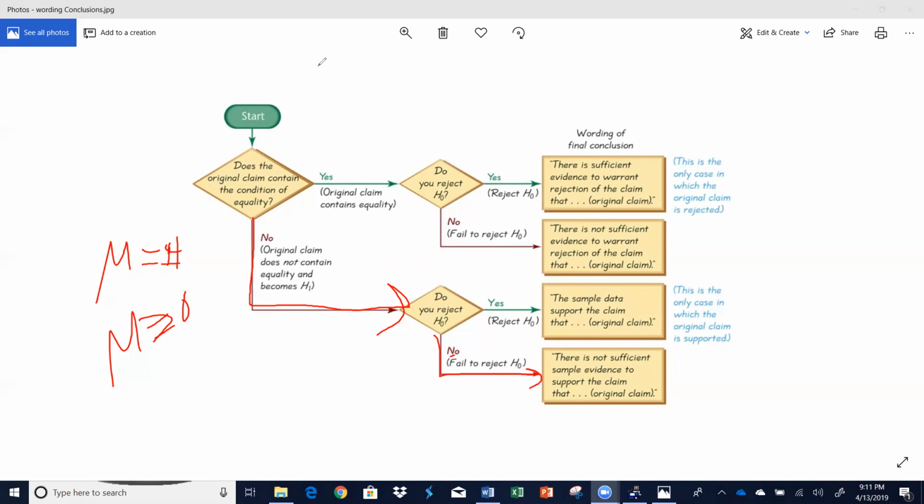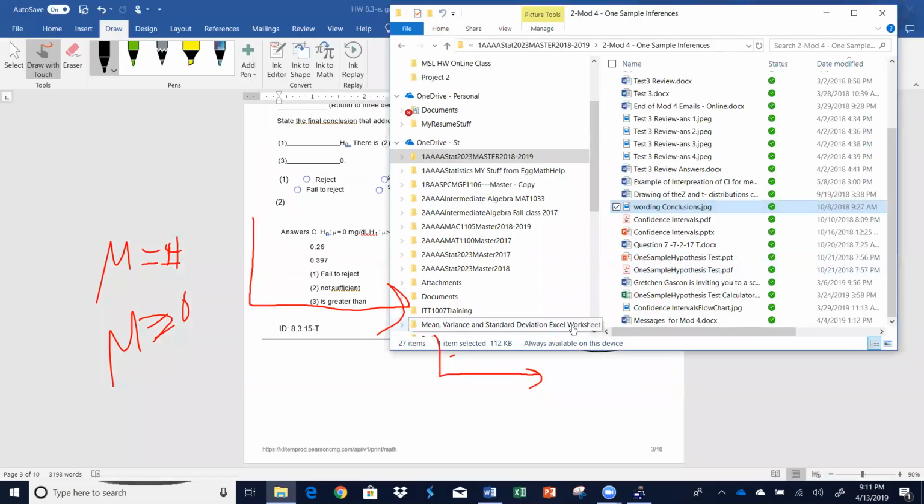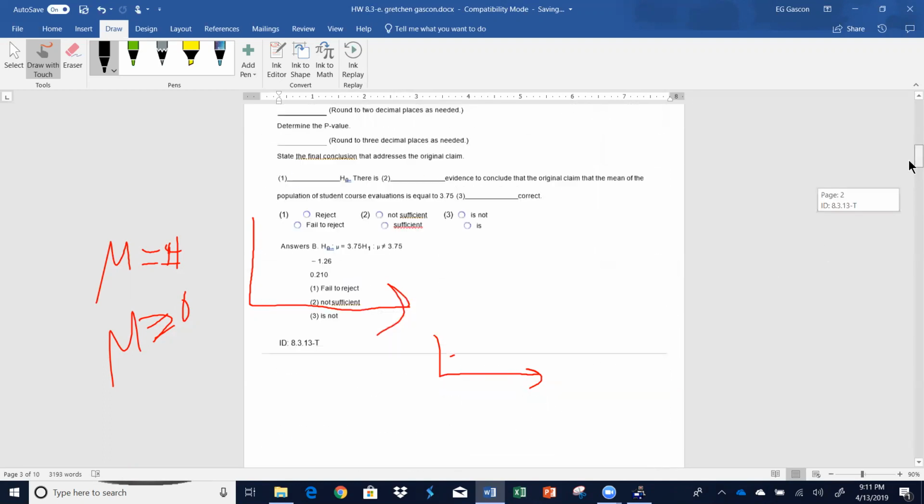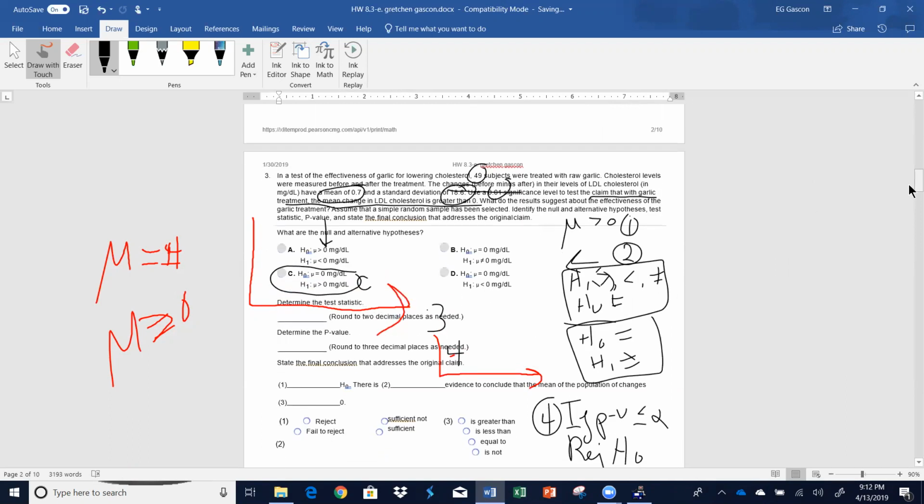Now we come back to our problem, and step 5, we simply say that there is not sufficient evidence to support the claim that garlic treatment mean change in LDL is greater than 0. Questions?